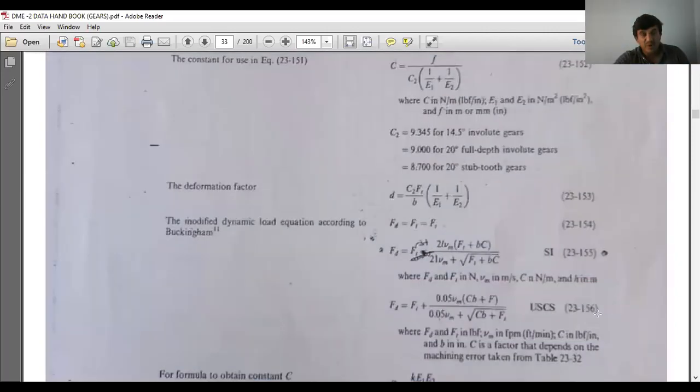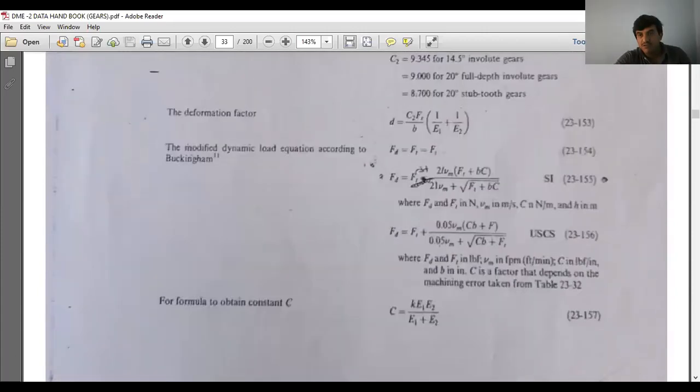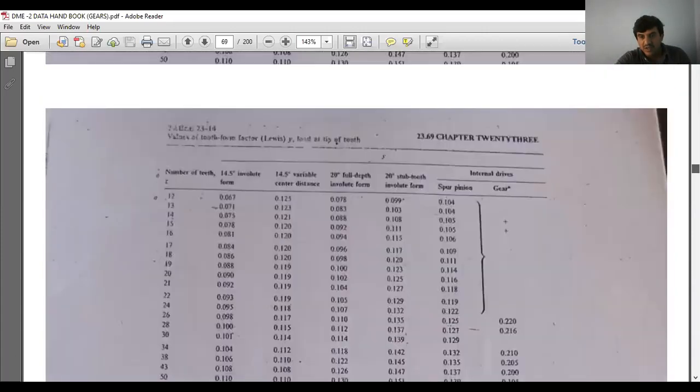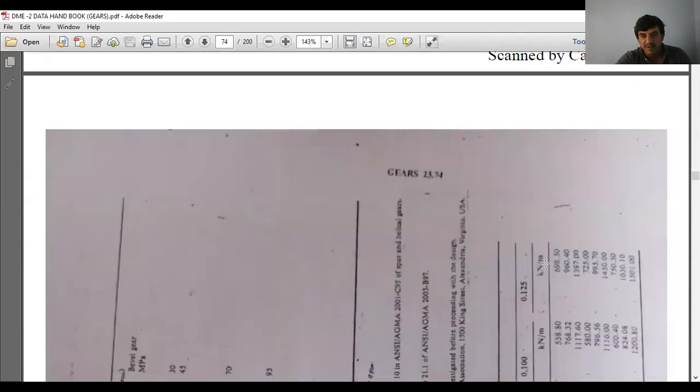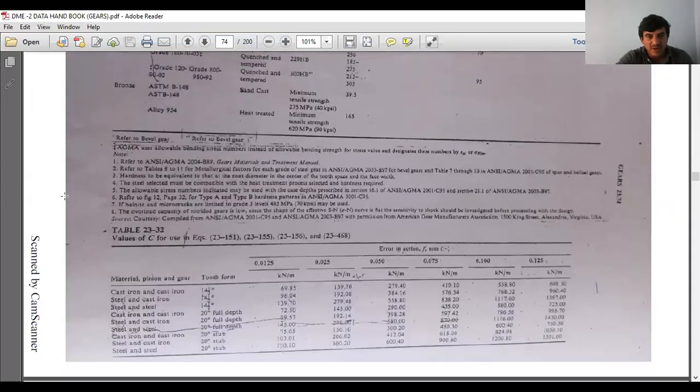Now where do you get 23.32? That is at page number 23.74. See here, table 23.32 gives the values for C using that equation.